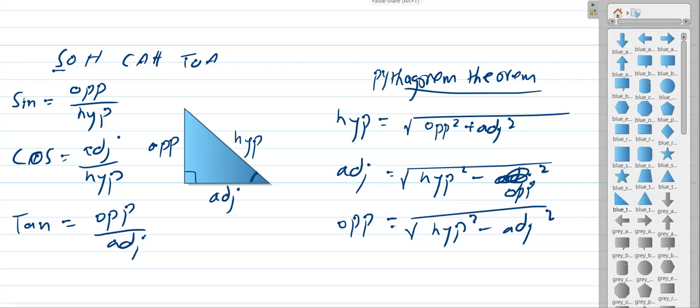Before I start, can anybody say when we will use the Pythagoras theorem? When we need the third side in the right angle triangle, having the fact that we are having two of the sides.